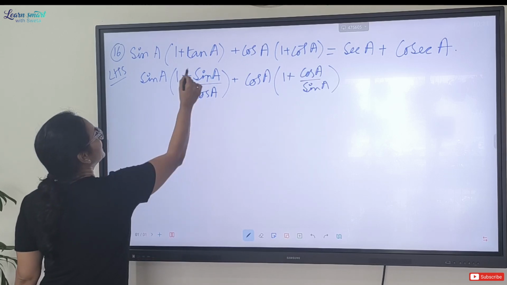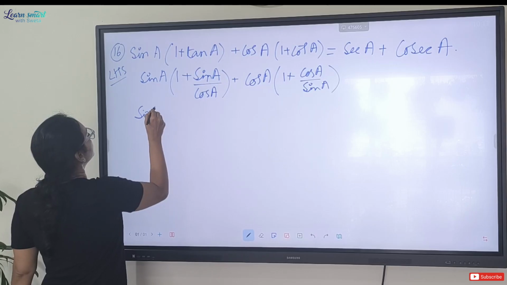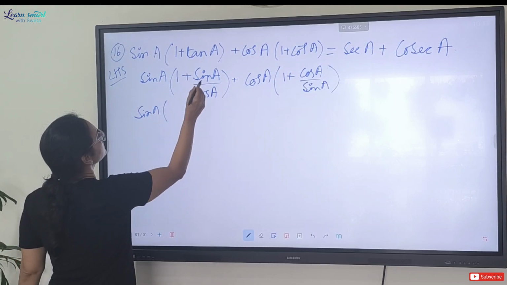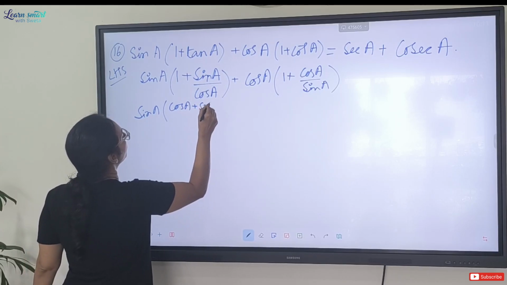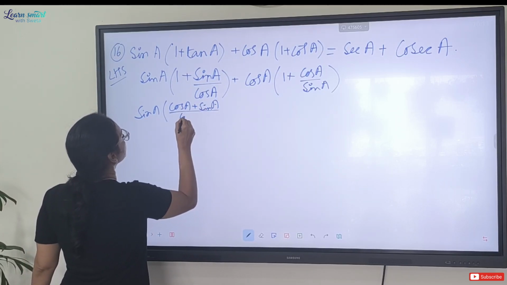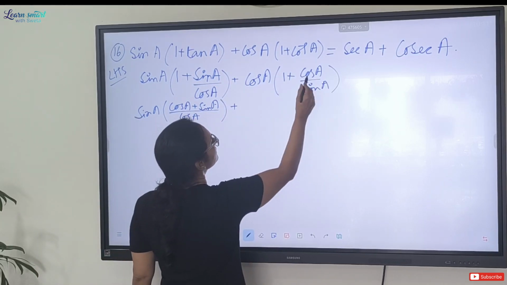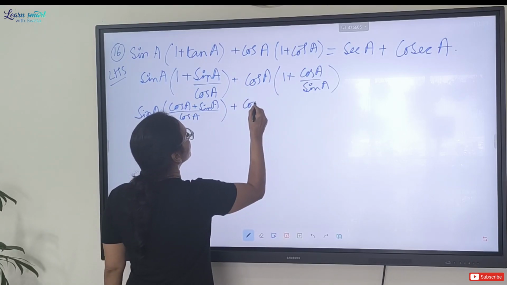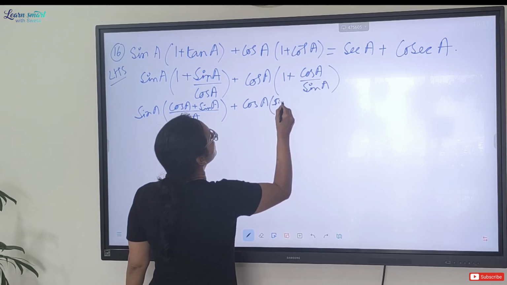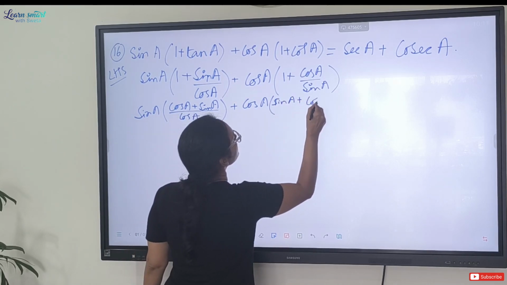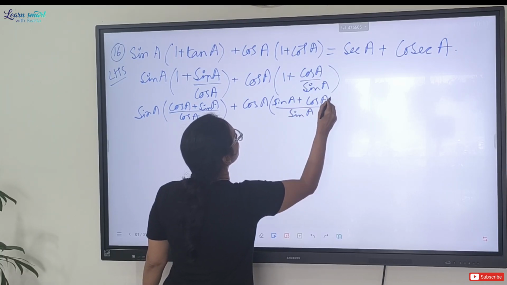Now let's take the LCM and simplify this. So we will write sin A into (cos A plus sin A) upon cos A. And the same way here we will do cos A into (sin A plus cos A) upon sin A. Right?